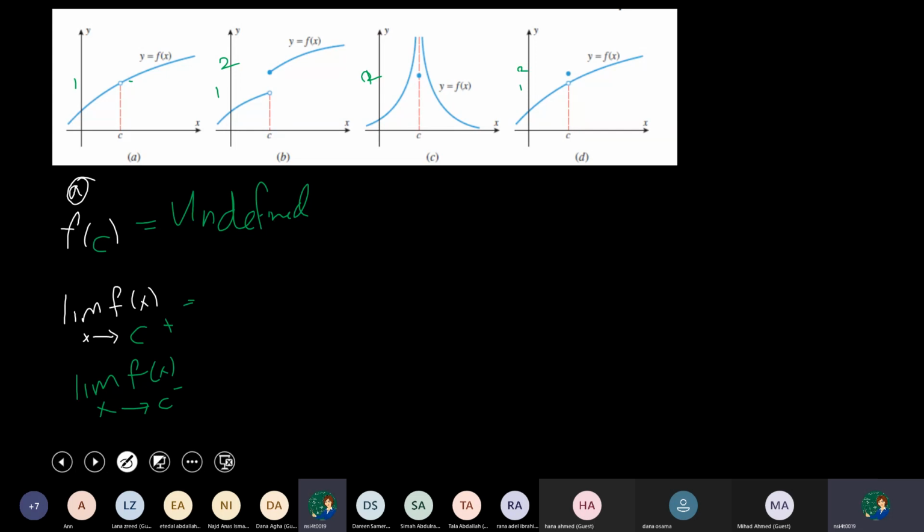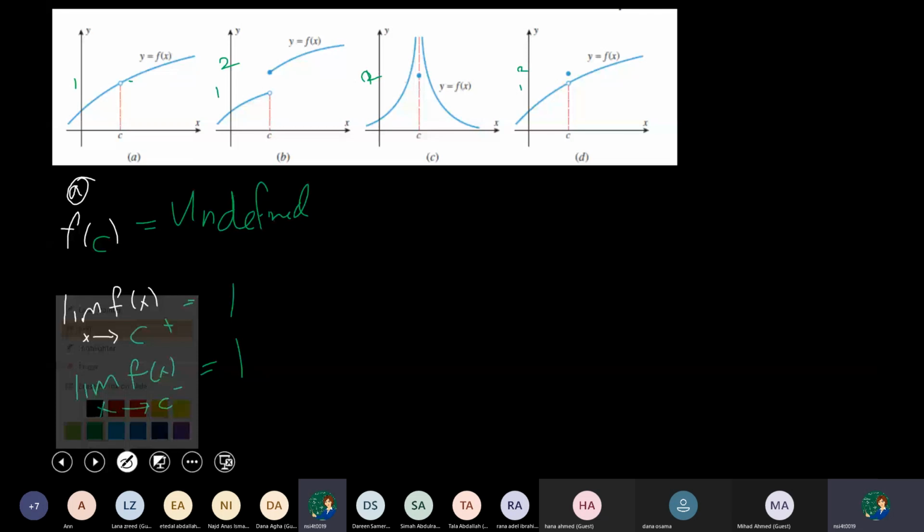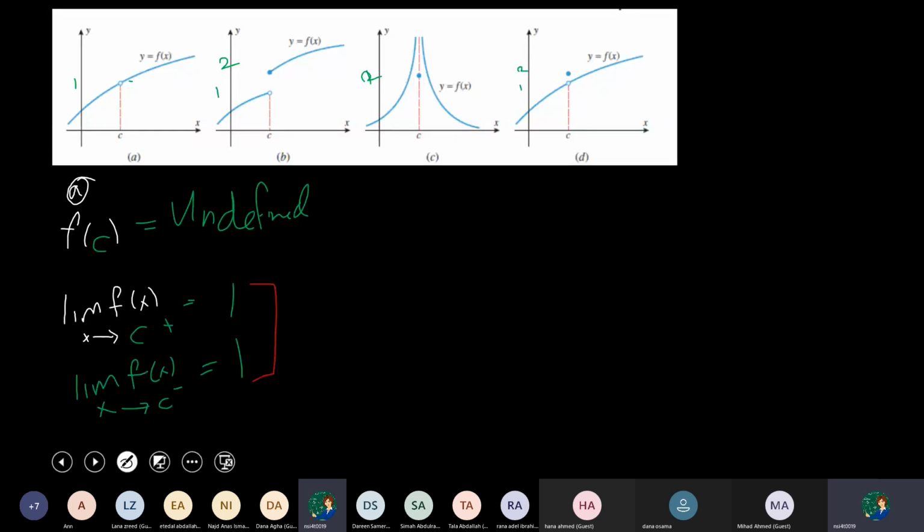So here, the limit of f of x when x approaches C from the right is equal to what? 1. The limit of f of x when x approaches C from the left? 1 also. So the limits are equal. The limit exists, but the f of C is undefined.